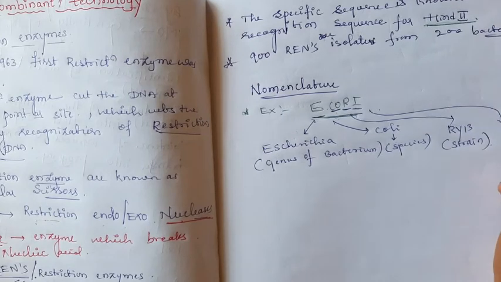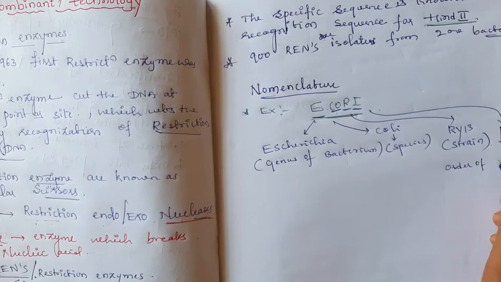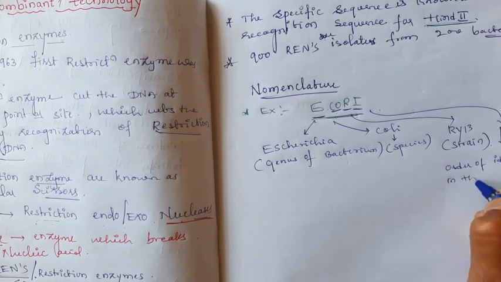I represents the order of identification in the bacterium.